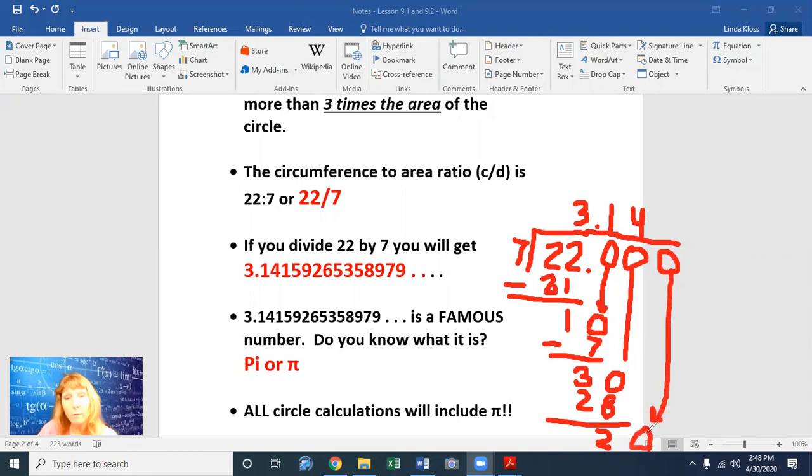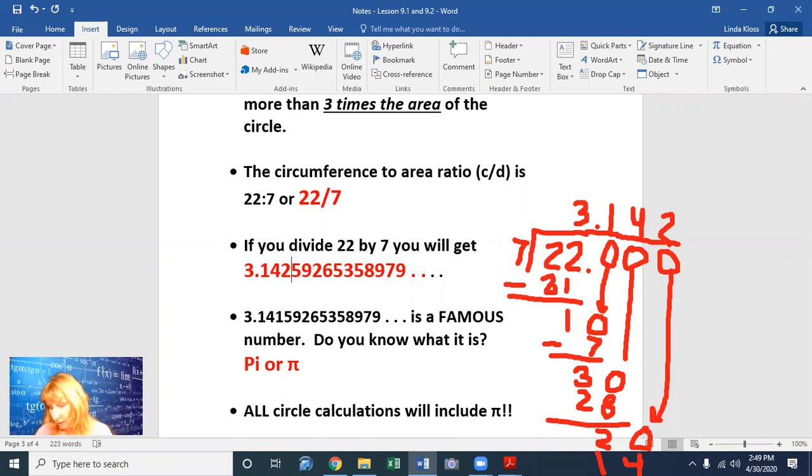I'm going to run out of room in a minute on my screen. 7 times 5. I think I have a wrong number in there. 5 times 7, 4 times 7, 3 times 7, 2 times 7 is 14, right? And then we would keep going. So I actually have to change this. So this should be a 2.